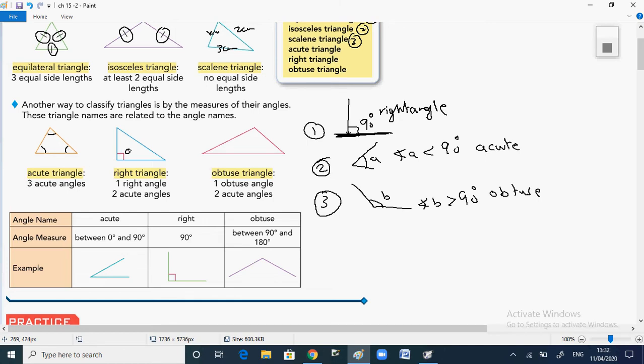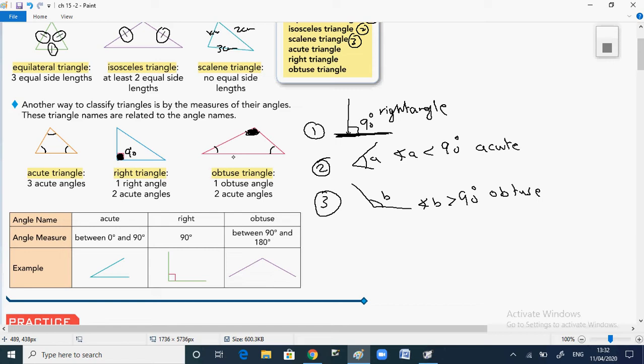If I have this sign meaning 90 degrees, it represents a right angle triangle. And if I have at least one angle greater than 90, one obtuse angle and two acute angles, this is called an obtuse triangle.